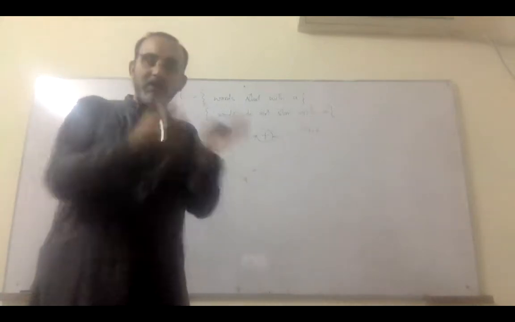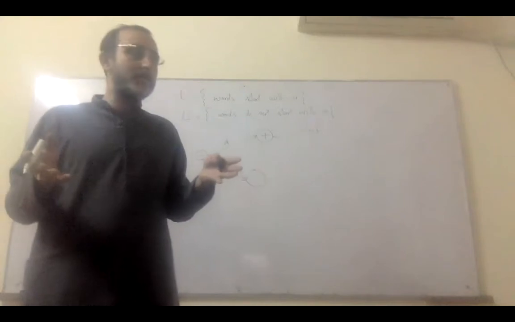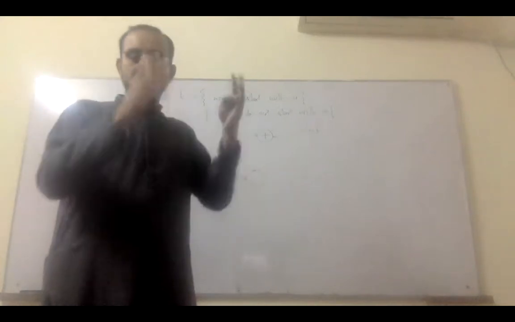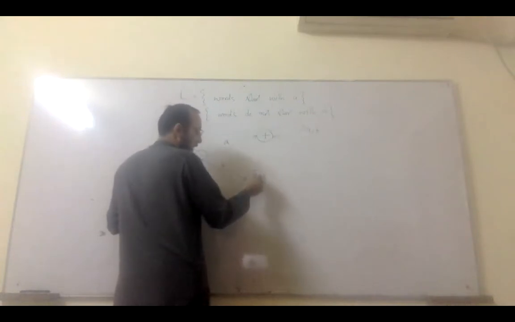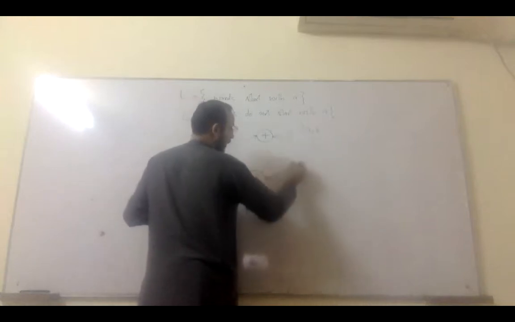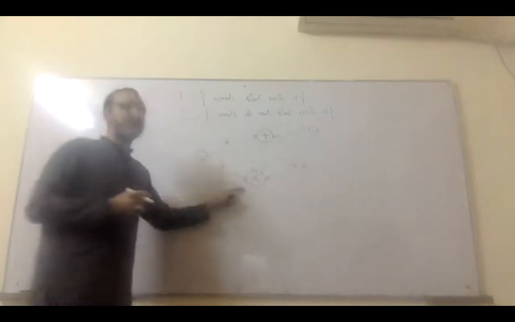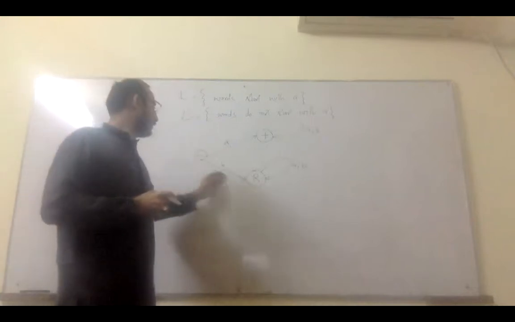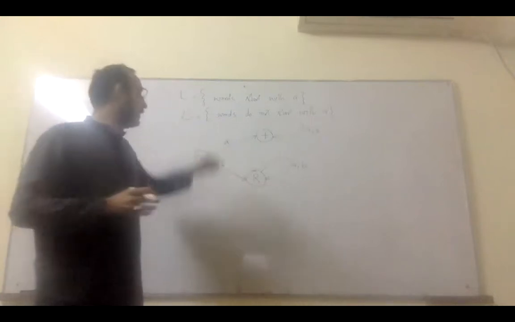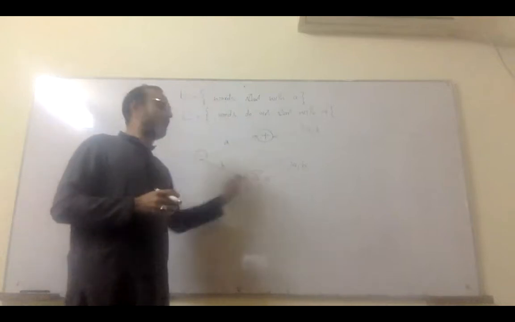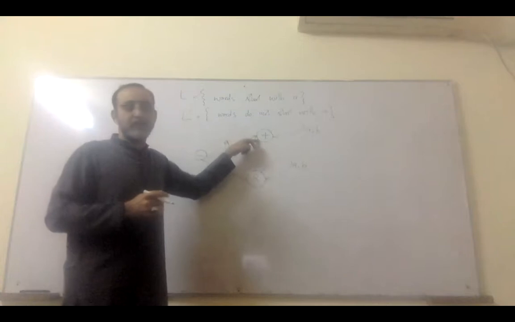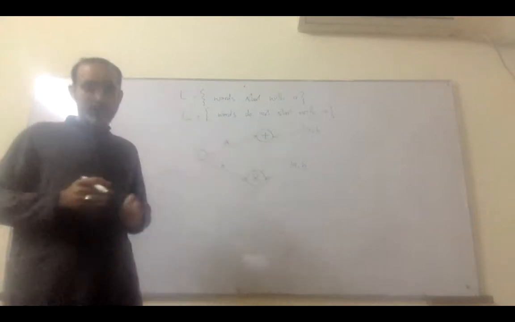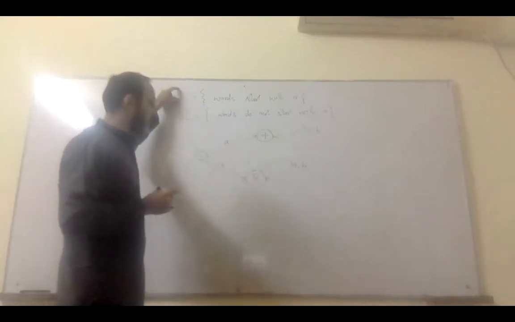So it must not reach the final state. That's why I have to draw another state, called the rejection state, and you can make a loop there, A comma B. Whenever an illegal string of that language comes, it will go here and end up here without reaching the final state. So this is the proper DFA of this language.